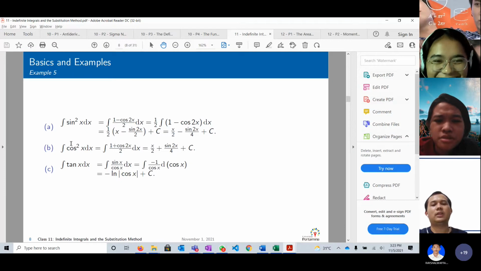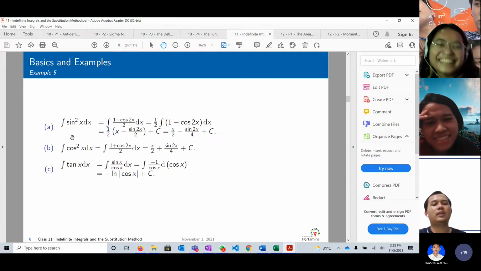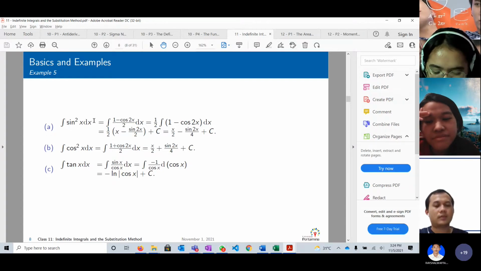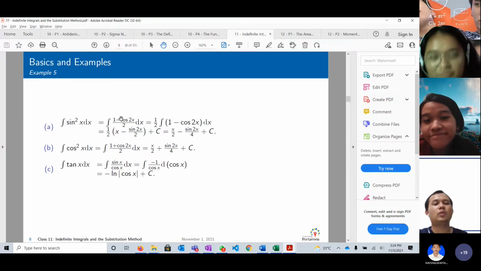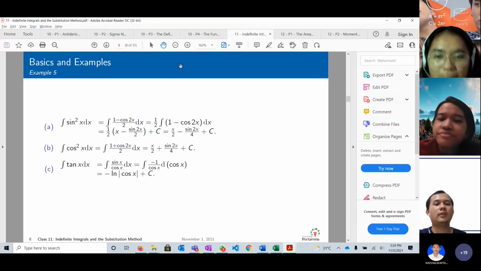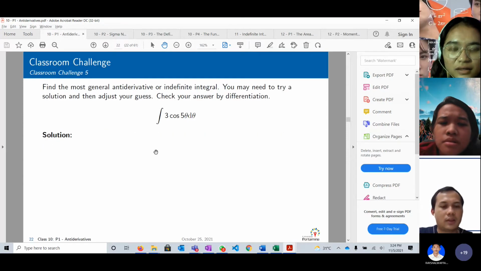Basically what we are learning here is the tricks to find the integration. So if we find sine squared or cosine squared, we change it into 1 plus cosine 2x over 2, for which we have the derivative in this case.